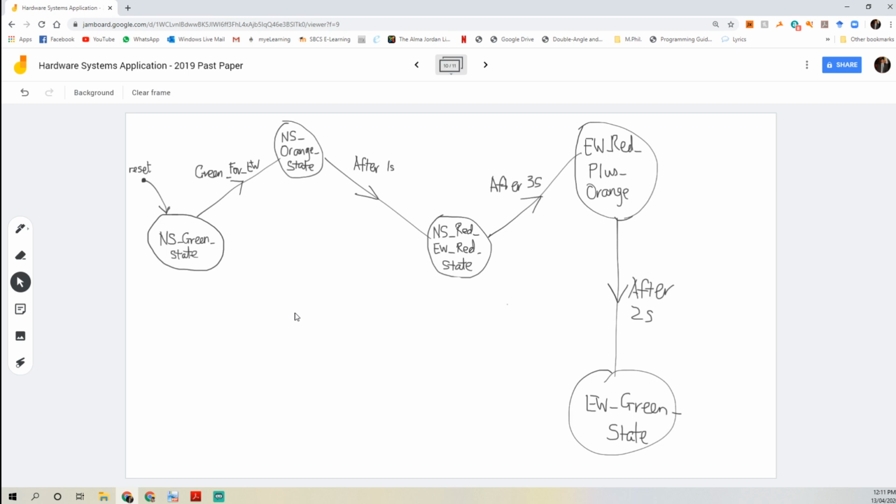Okay, so this transition is going to take place when green for north-south goes high. I am going to transition into my east-west orange state.